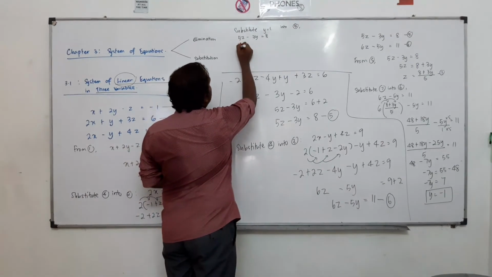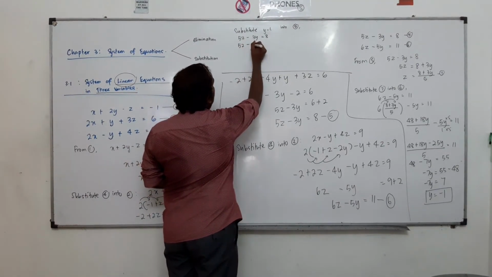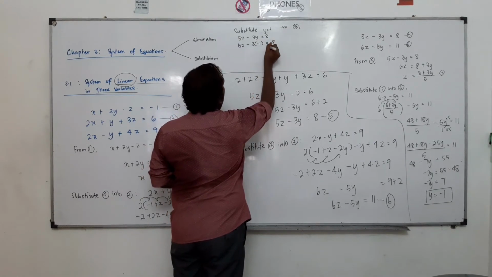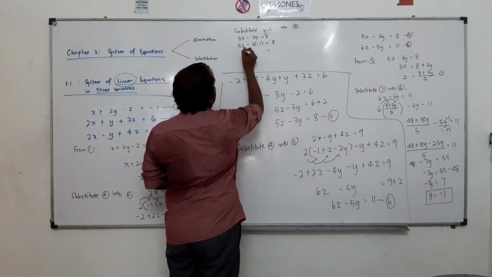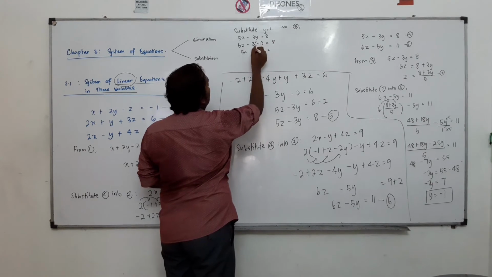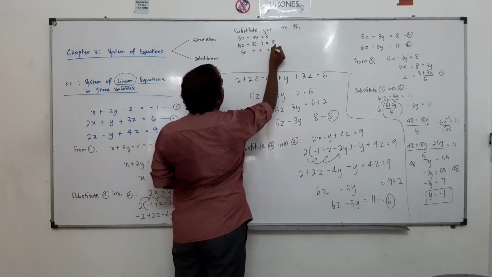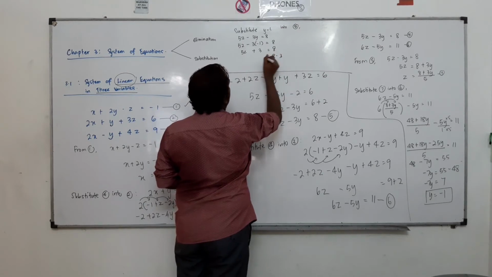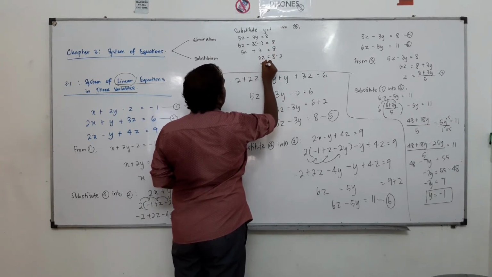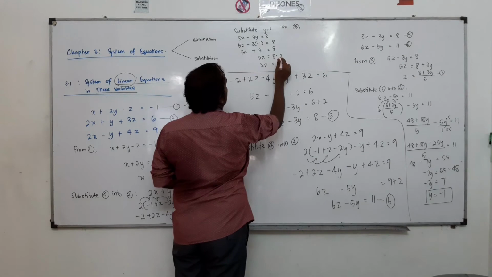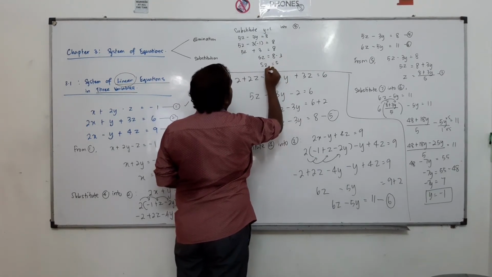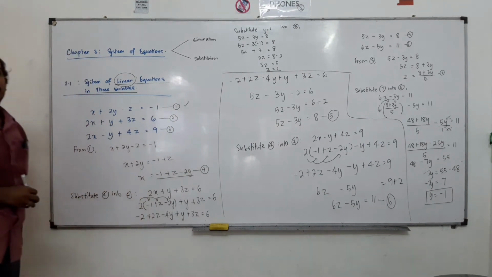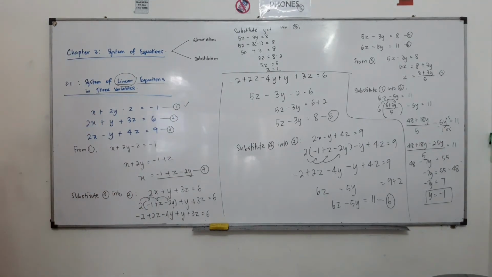In the place of y, I am substituting negative 1. Negative 3 multiply negative 1 will be positive 3. Positive 3 shifted to the other side will be minus 3. And you will be getting 5z equals to 5, and z will be equal to 1. We already found the other value, z equals to 1.